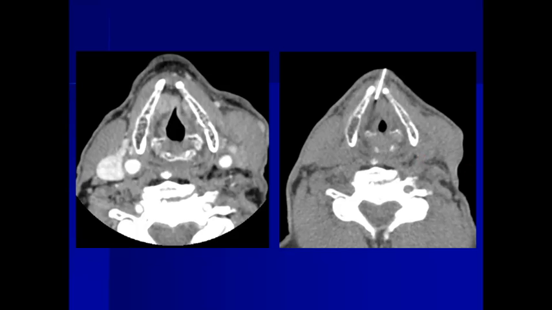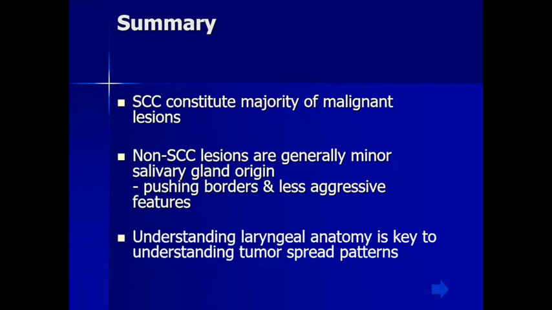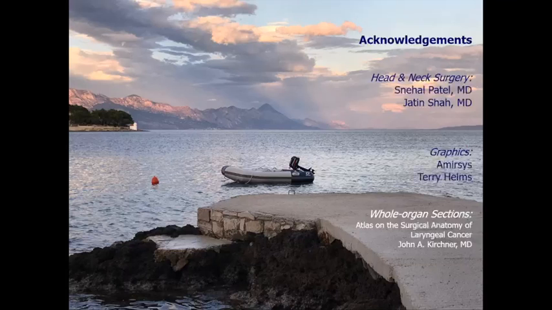So remember, it's not just FDG activity in the larynx that makes it the muscle, it's lateral position. So in summary, squamous cell carcinoma constitutes the majority of the malignant lesions. Non-squamous cell lesions are generally minor salivary gland in origin. They have pushing borders and are less aggressive in their features. And of course, understanding laryngeal anatomy is key to understanding tumor spread patterns.